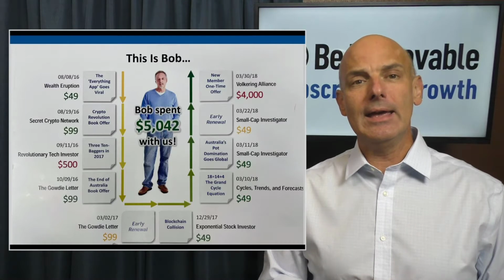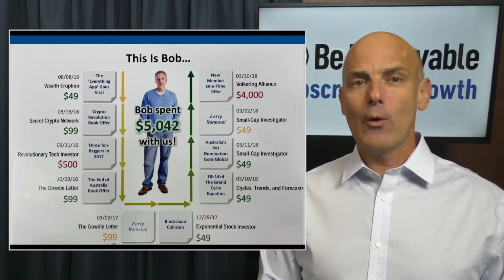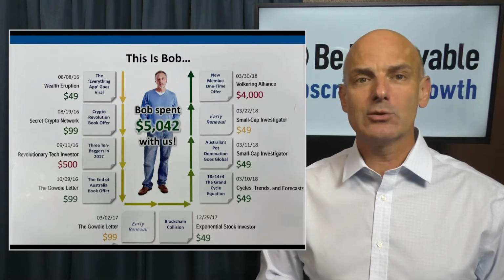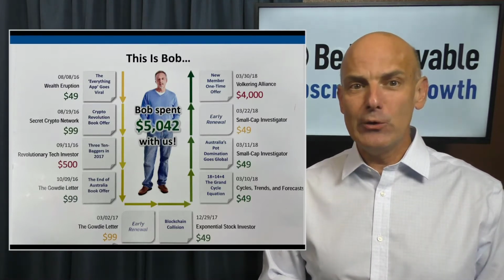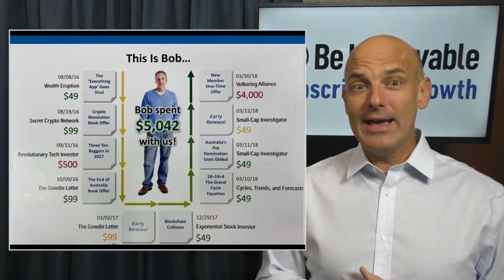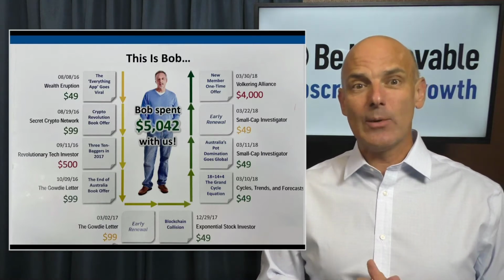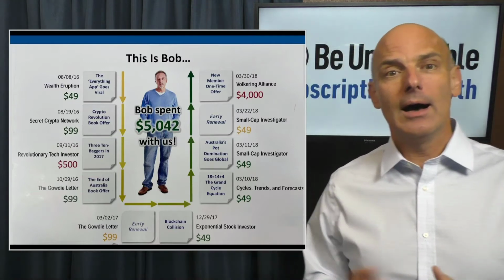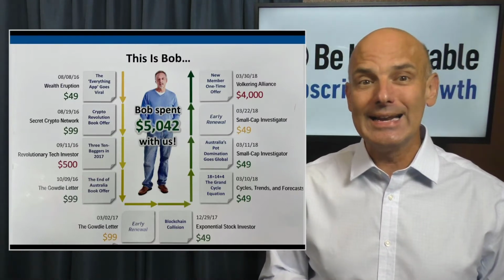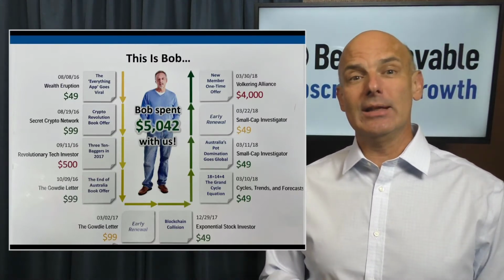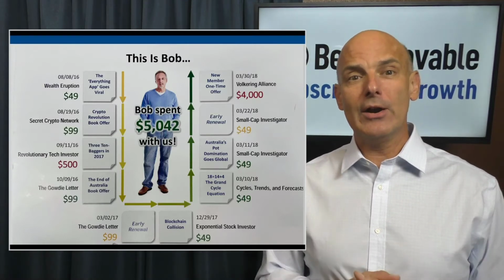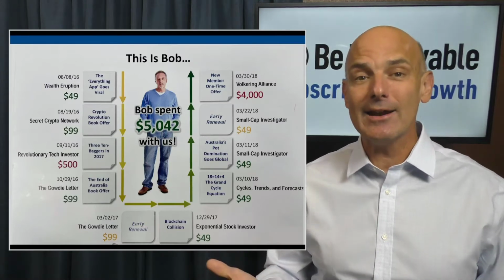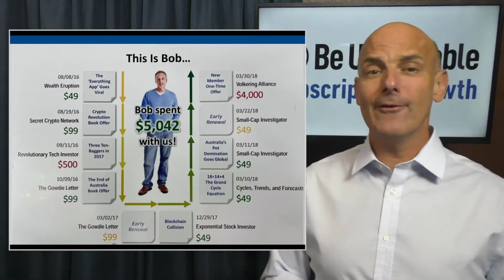So here Bob invests in a $49 Wealth Eruption product on August 8th, 2016. And then just 11 days later, on August 19, 2016, buys the Secret Crypto Network subscription for $99. And then almost a month later, on September 11th, 2016, buys the Revolutionary Tech Investor product for $500.